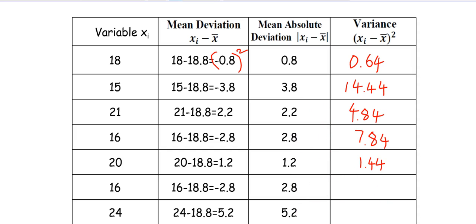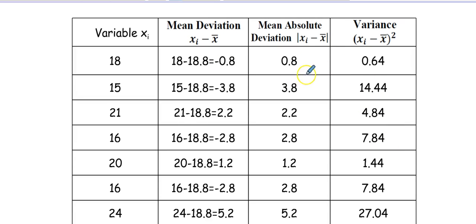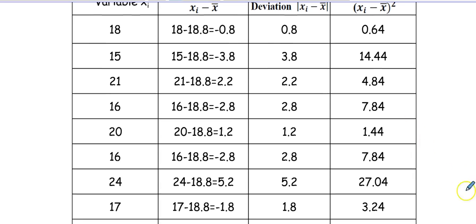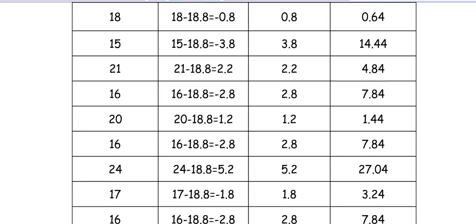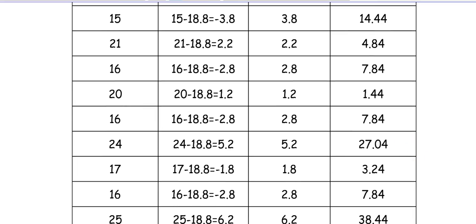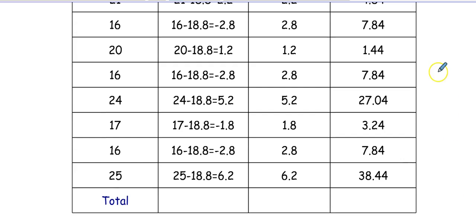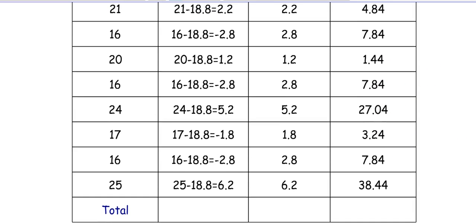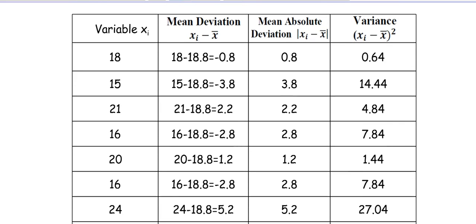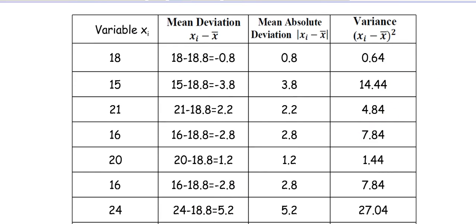So all the way we have to square them, that I have here for you. So 0.8 squared is 0.64, 3.8 squared is 14.44, 2.2 squared is 4.84. We got all the squares of these numbers. After having the squares of all the numbers, I have to add them, right? So let us add up my last column, the fourth column. Let us enter them in the calculator.